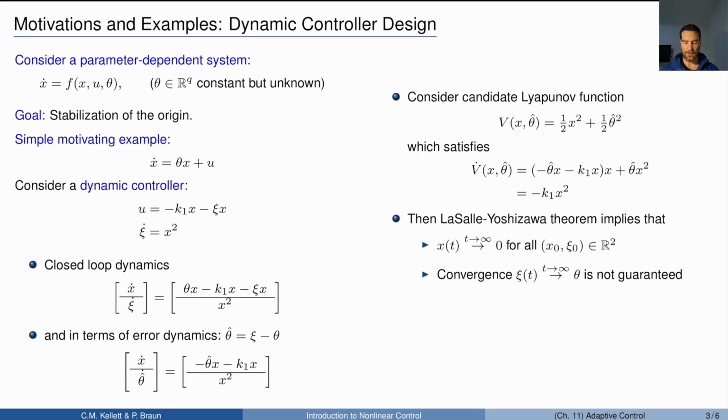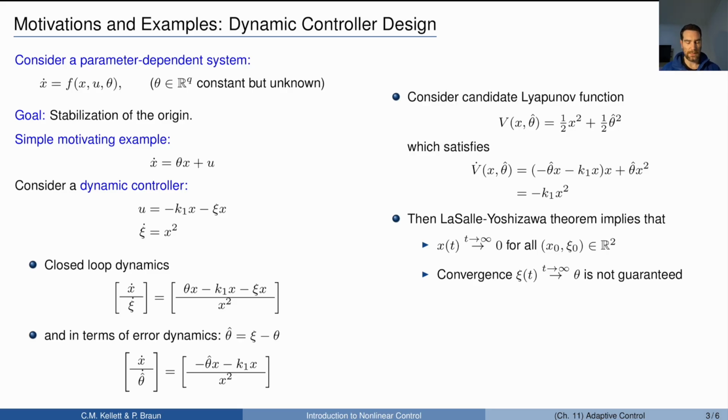This means we cannot really conclude asymptotic stability of our overall closed loop system dynamics. However, by using the so-called LaSalle-Yoshizawa theorem, we can conclude that x of t, so the component x, converges to 0, even though psi might not converge to 0.